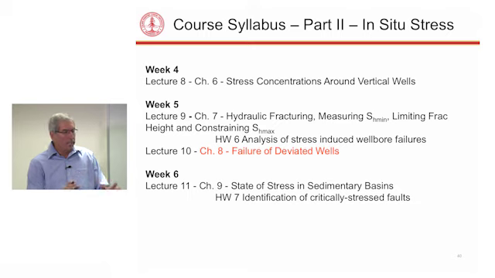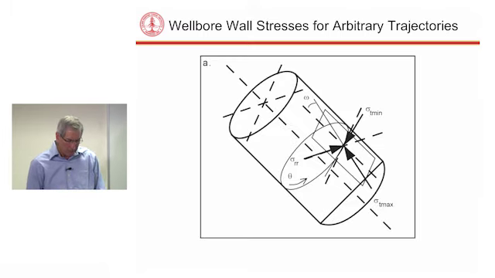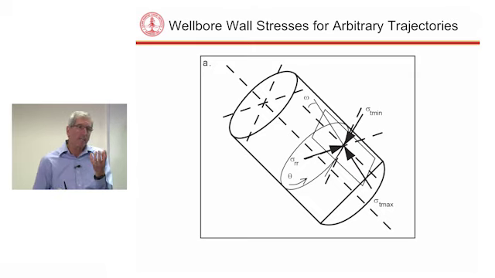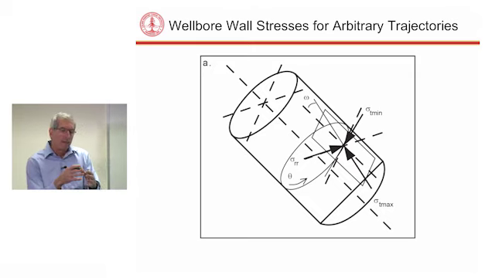I've been talking mostly about vertical wells. The principles are easy to understand. When you do the homework assignments, you will initially be working with vertical wells. But all of the principles apply to deviated wells, and the mathematics becomes more complicated because suddenly the reference frame for the wellbore is not the same as the reference frame for the stress in the earth.